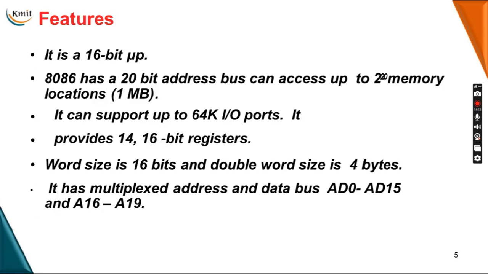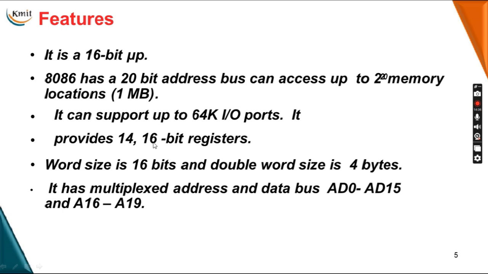Now coming to the features of the 8086: as we all know, it is a 16-bit microprocessor. It has a 20-bit address bus that can access up to 2 power 20 memory locations. It can support up to 64 kilo IO ports. It provides 16-bit registers. Word size, well known, is 16 bits. Double word size is 4 bytes.